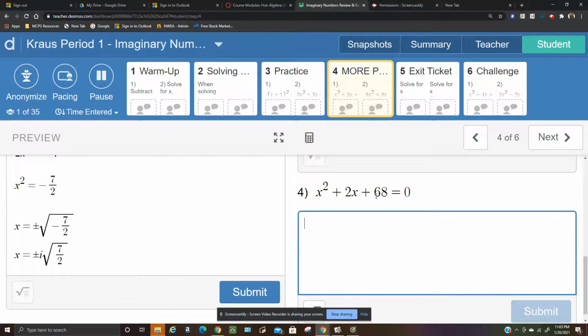And then this one here, since this is a 1, I'm going to complete the square.